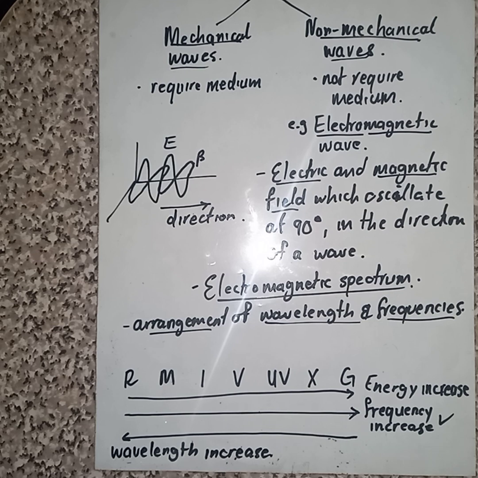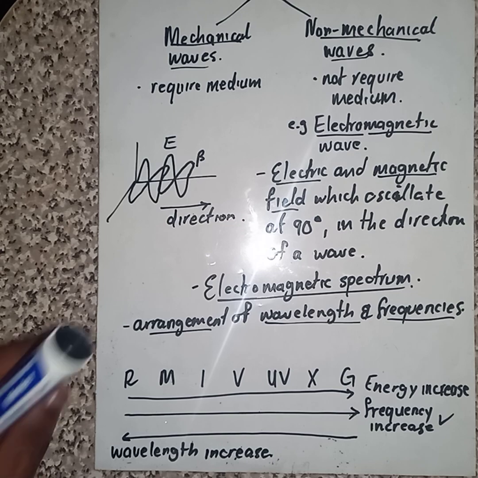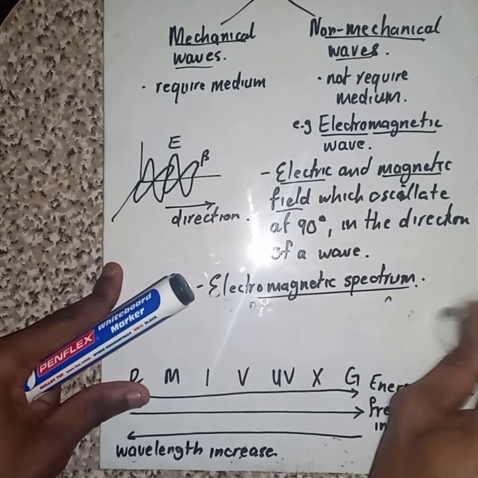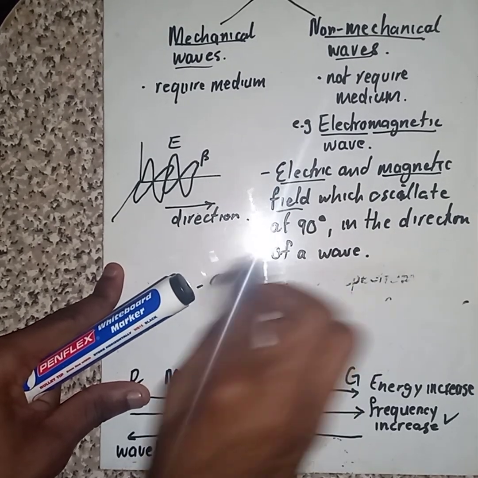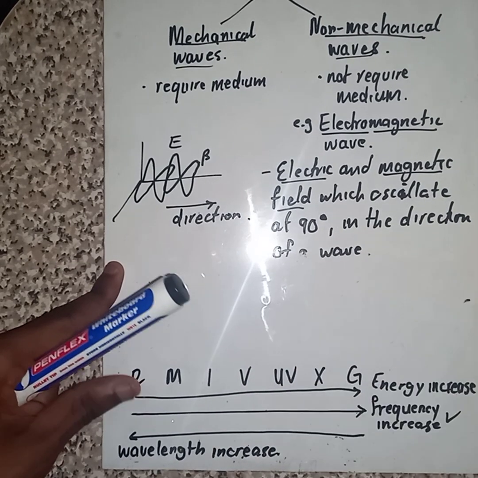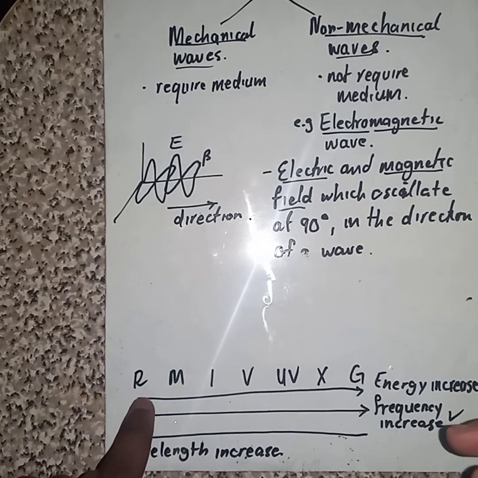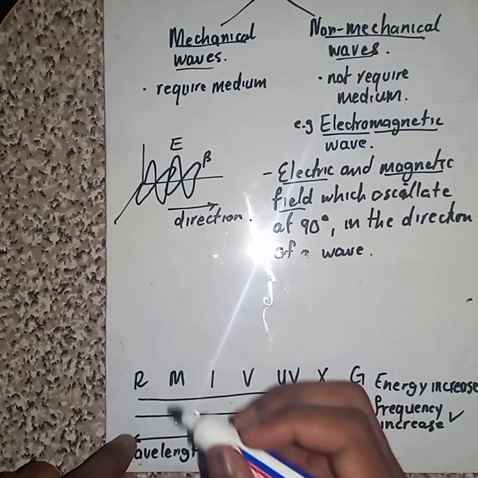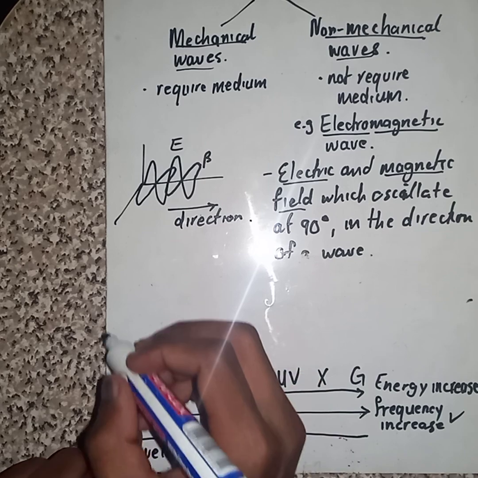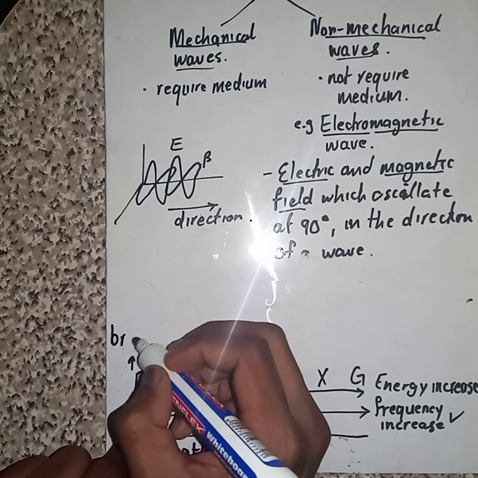Now I'm going to give you the properties of each and every electromagnetic wave. Firstly, we have what? Radio waves. They are important for what? For broadcasting. I don't have space.